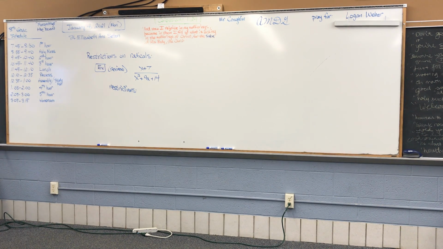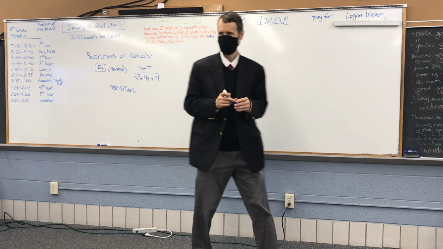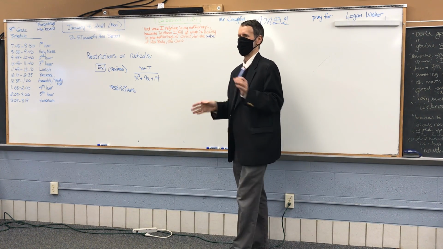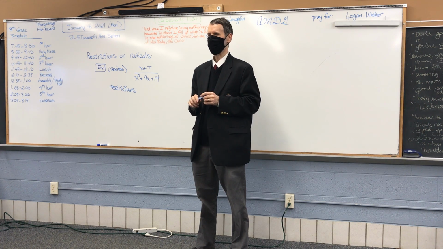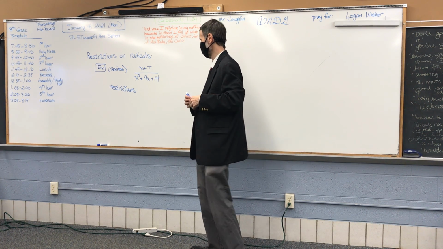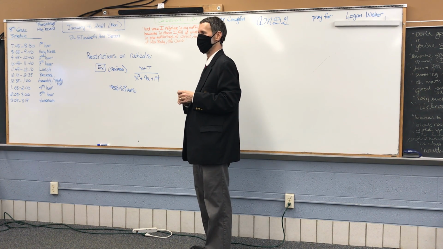You don't have to simplify the original problem unless you want to, but I do need to know the restrictions. What values of x are forbidden, cannot be used? How would you go about finding them?